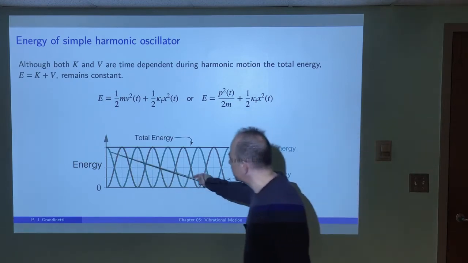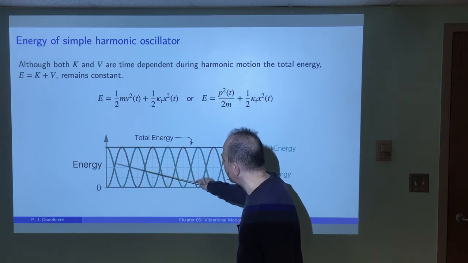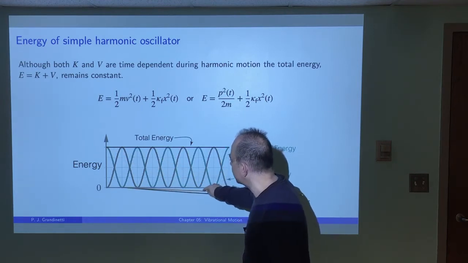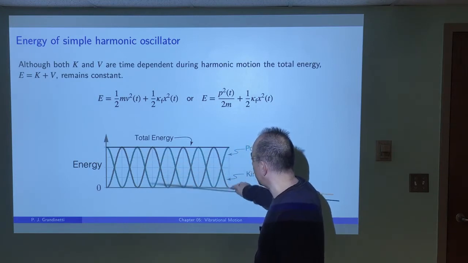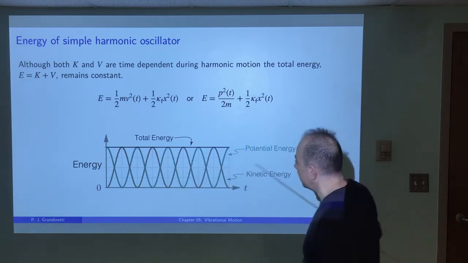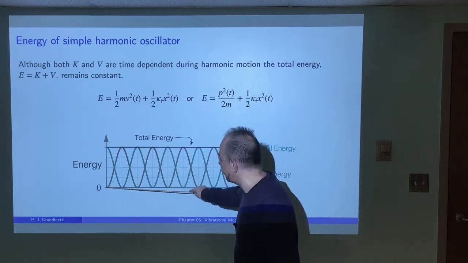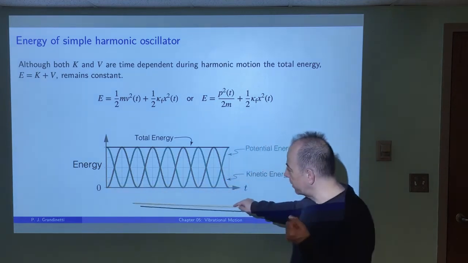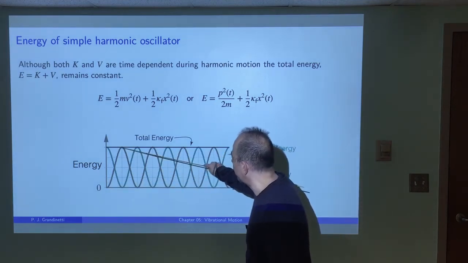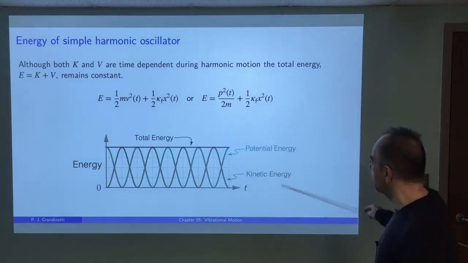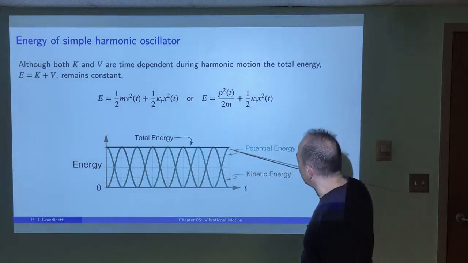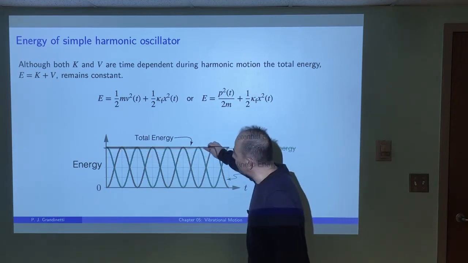The potential energy starts out as a maximum and then goes down and oscillates down to 0 when you are at equilibrium position. And you see it oscillates like this. The kinetic energy is out of phase, and it starts out with 0 kinetic energy because initially you're not moving, and then it goes up and down 180 degrees out of phase with the potential energy. But the sum of those two is always constant, which is the total energy.